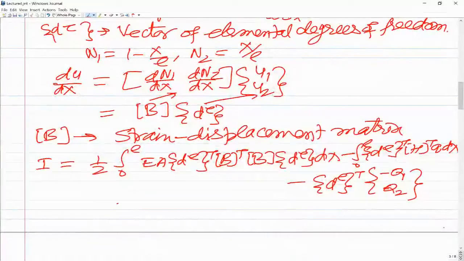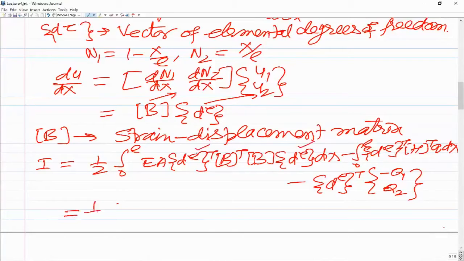Now in this, always see, as far as A and E are concerned, they could be functions of x, so we want to keep those inside the integral functional. But as far as D is concerned, D is u1 and u2, which are the values of u at nodes 1 and 2, so they are independent of x. So these terms can be taken out of the integration sign.